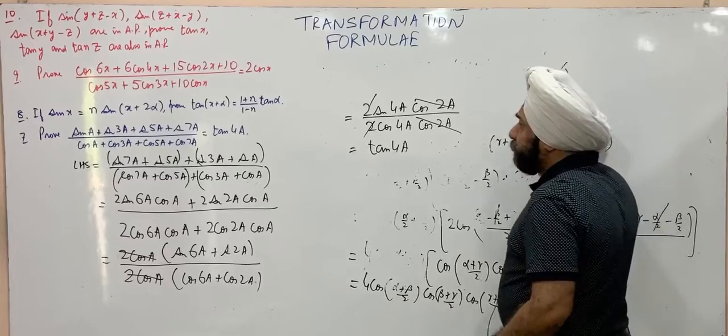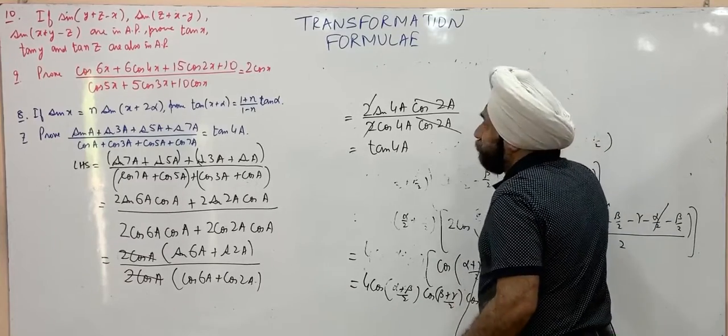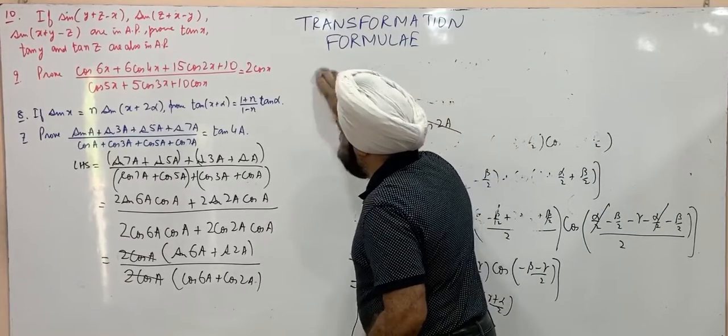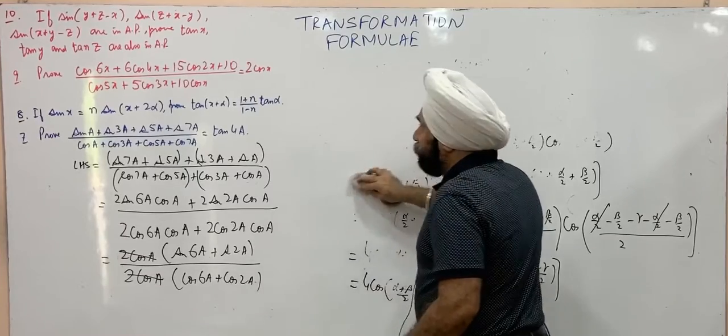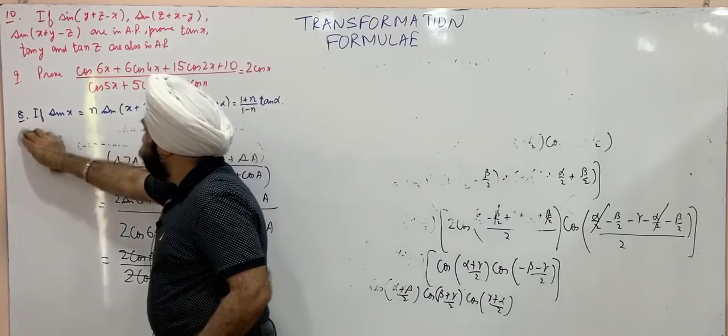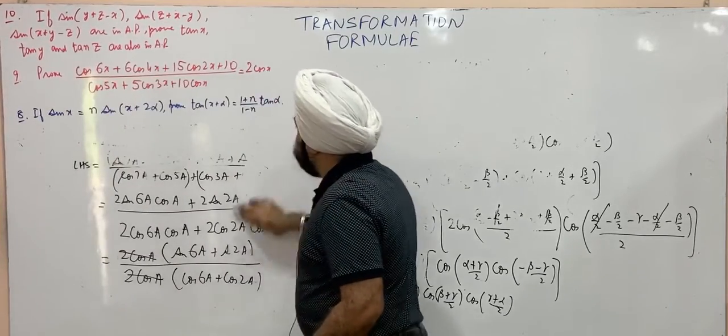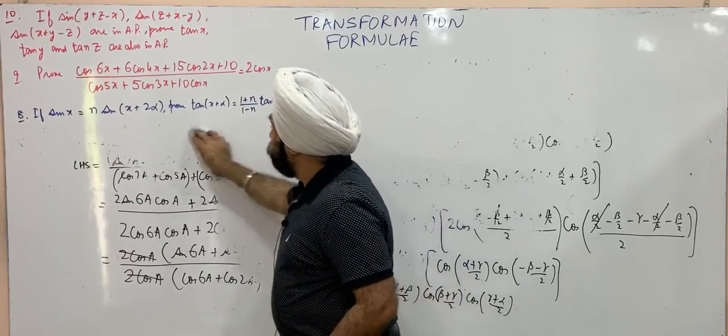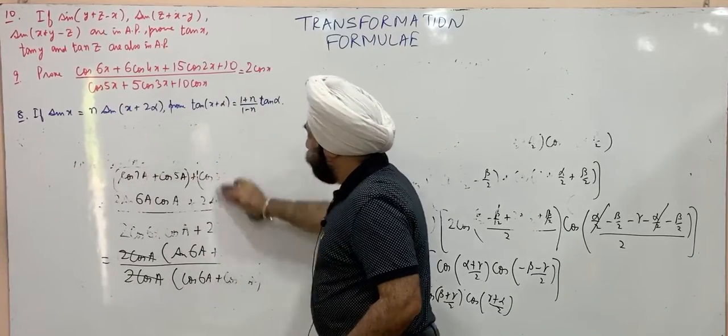So coming to the 8th question, sin x is given as n sin (x plus 2 alpha). We have to prove tan (x plus alpha) is equal to (1 plus n) upon (1 minus n) into tan alpha.